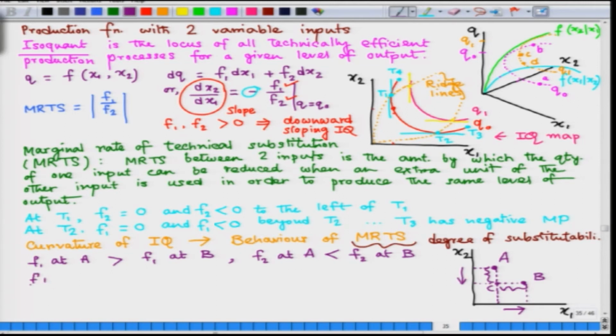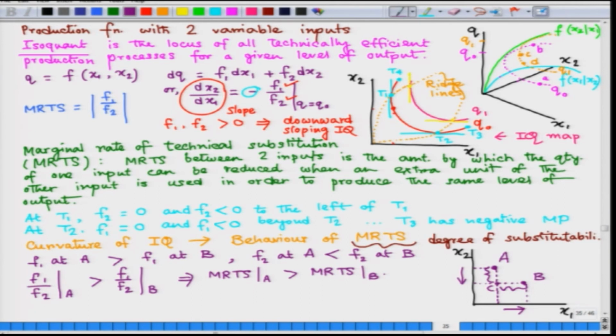So F1 divided by F2 at input bundle A shall be greater than F1 over F2 at input bundle B. So, this means the MRTS at point A is greater than MRTS at B.